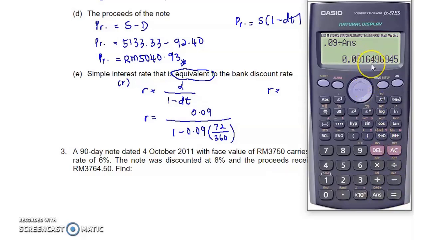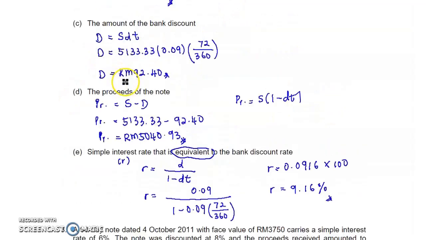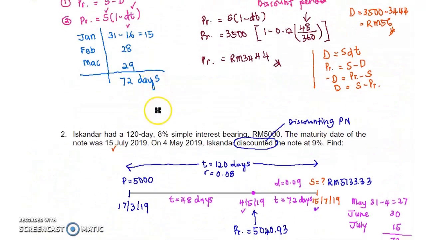Okay, so round off to 4 decimal points only. 0.0916. Then multiply by 100, expressed in percentage. So it is 9.16%.